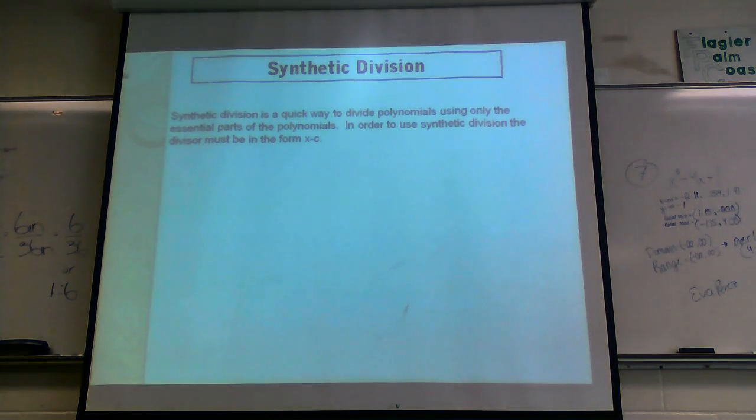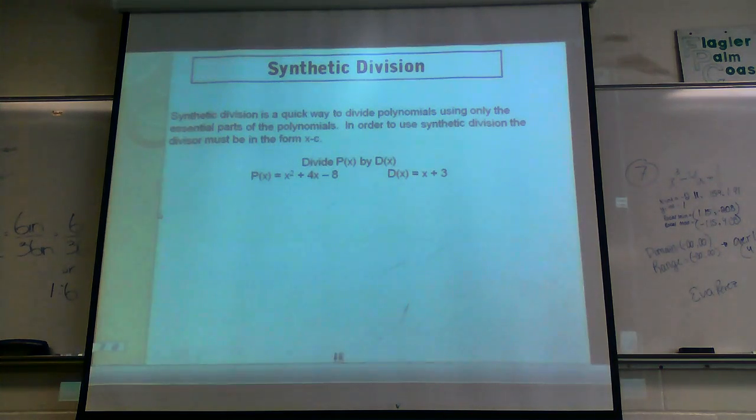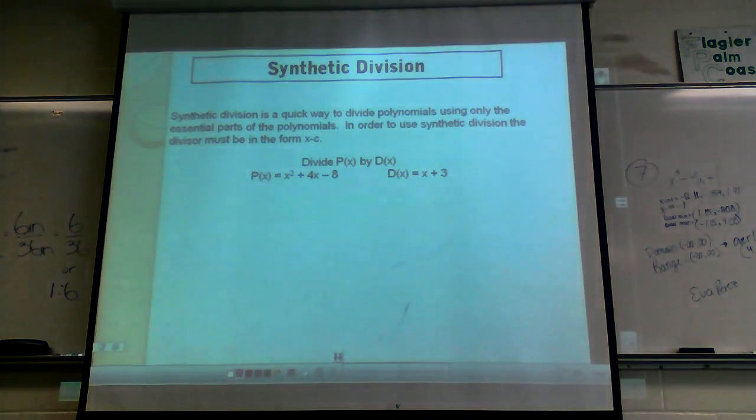All right? Now, if you remember the way synthetic works, and I'll do it with an example. The polynomial that you're dividing, all that you look at are the coefficients. And if you remember, the way I write them is like this.